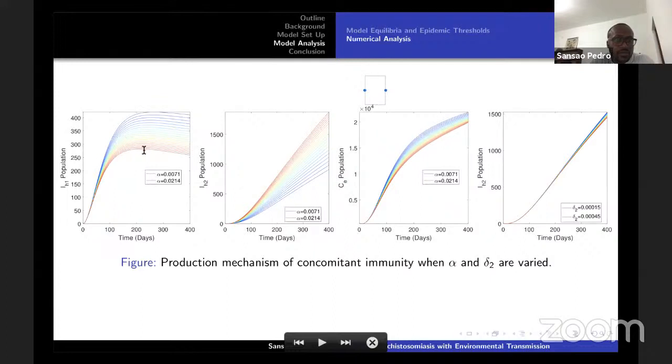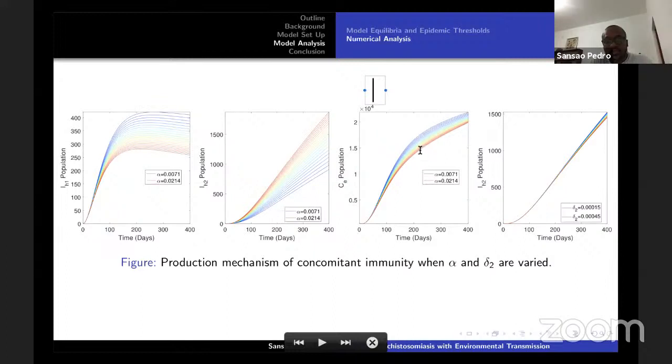When you increase alpha, we see a reduction in the level of infection of IH1, but for IH2 there is an increase, and interestingly we have a decrease for the cercaria.